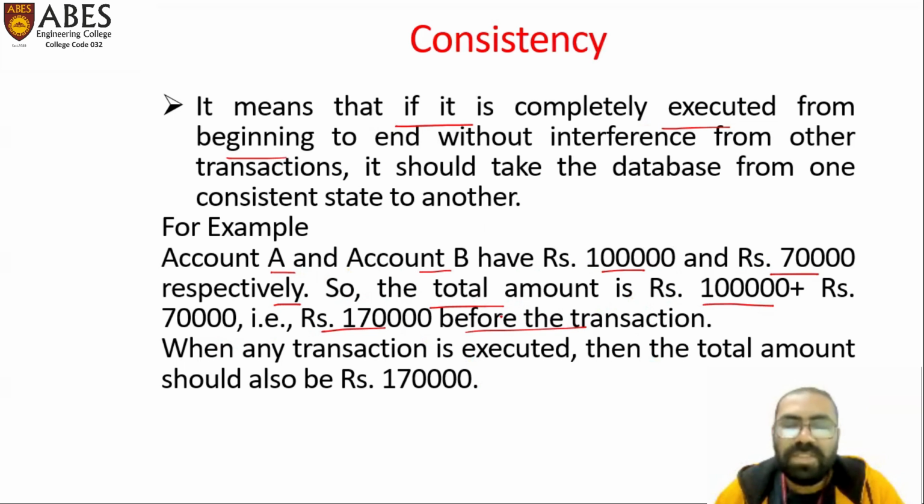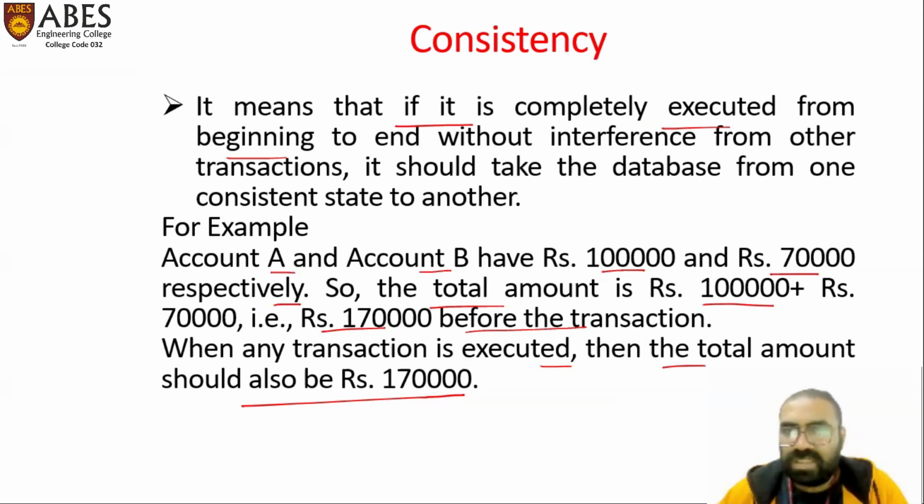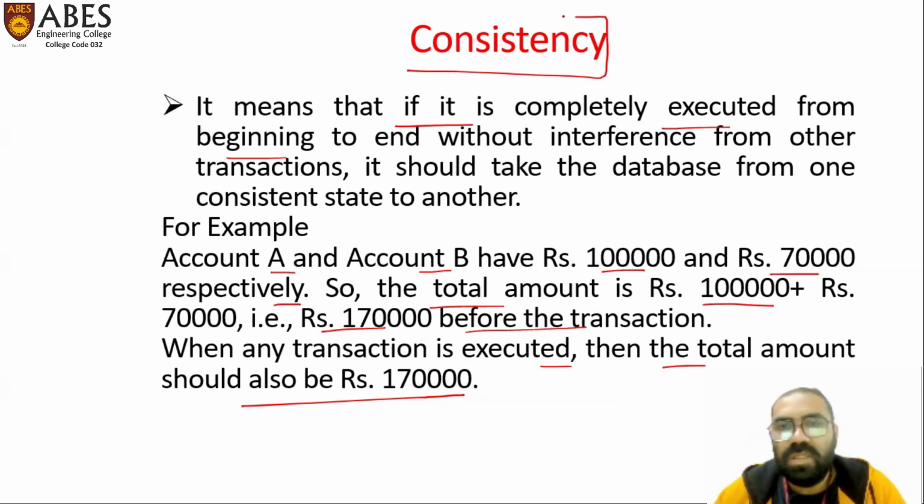When any transaction is executed, the total amount should again be 1 lakh 70,000. Earlier also in the same example, 70,000 was in the parents' account and 1 lakh in the college account. If the earlier sum and the later sum are the same, that is the definition of consistency.